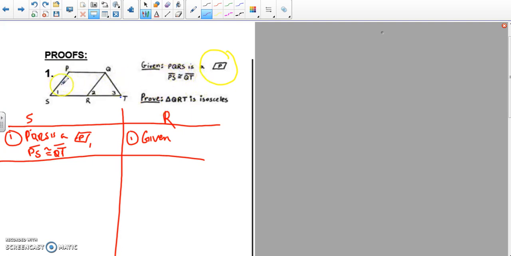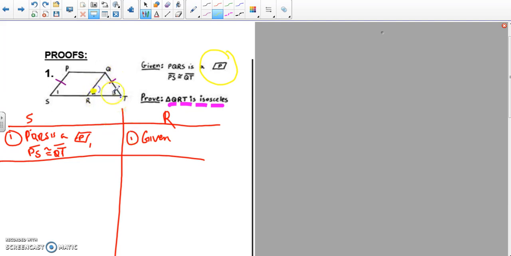The other thing we know that hopefully you marked in was that PS was congruent to QT. That's the other thing they gave us that we know we're going to have to use somehow. We're trying to prove that triangle QRT is isosceles. So we know what an isosceles triangle does. So here's triangle QRT. That implies that we need to prove that two angles are congruent or two sides are congruent.